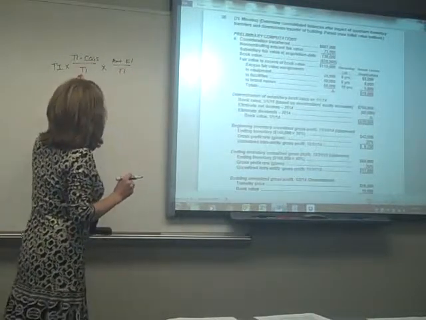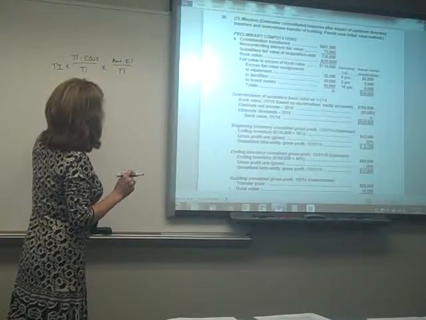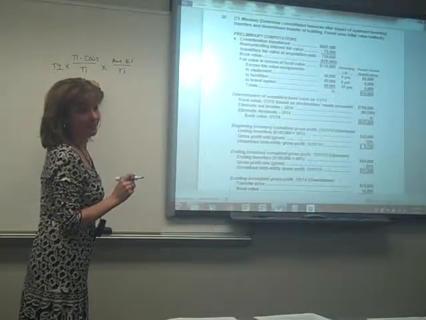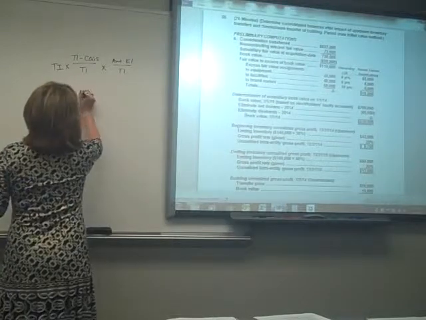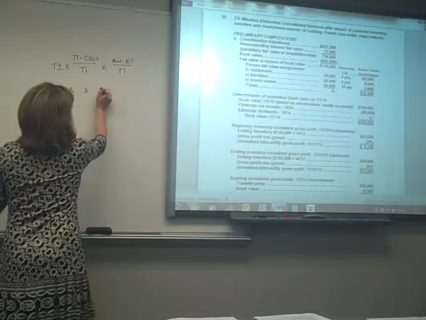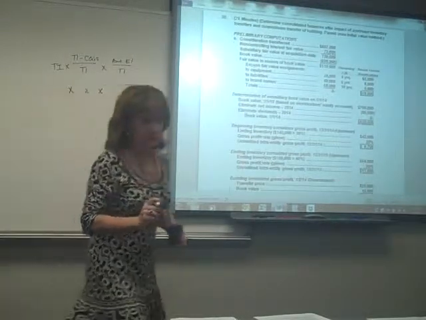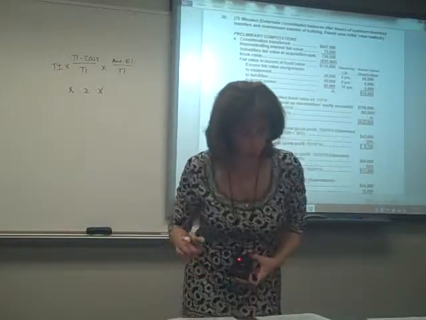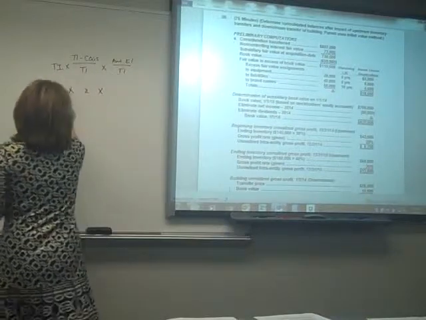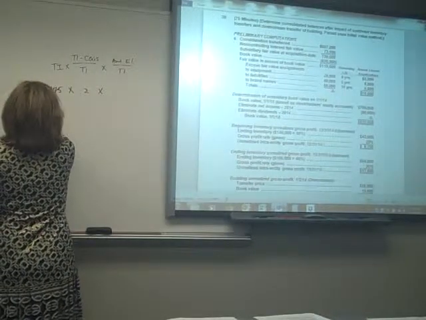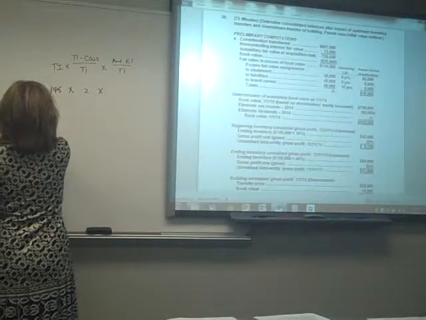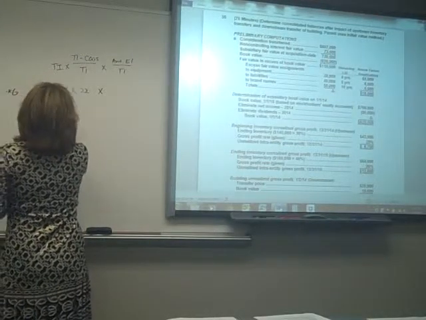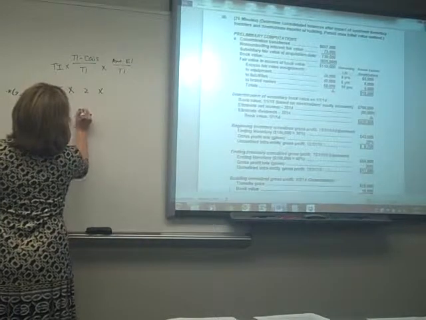Well, what they gave us, this middle one is actually your markup, and they gave us that in this problem. So I know that's point 2. Our transfers of inventory for the first year, 2014, were 145, and then 2015, this is going to be our star G and our G, these were 160, and we know it's point 2.